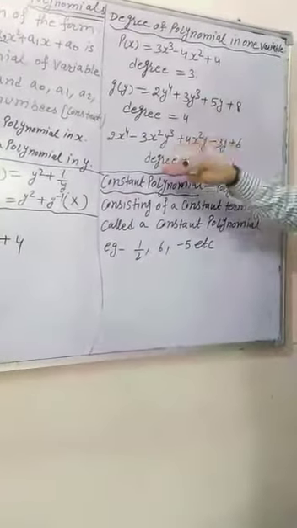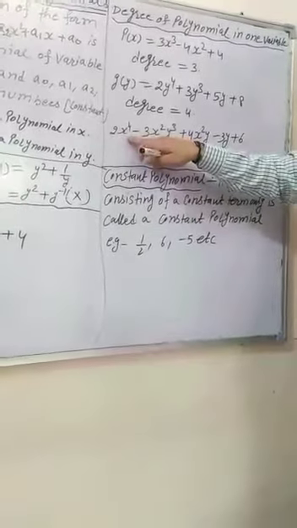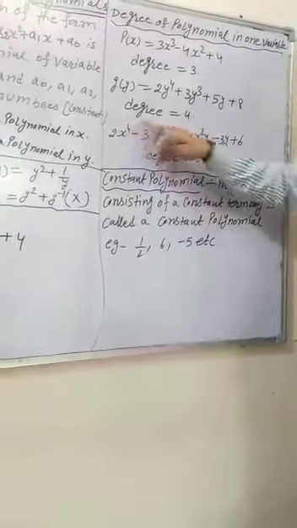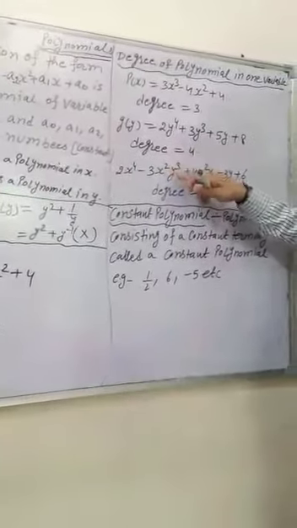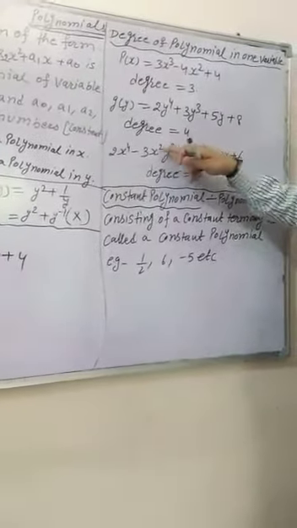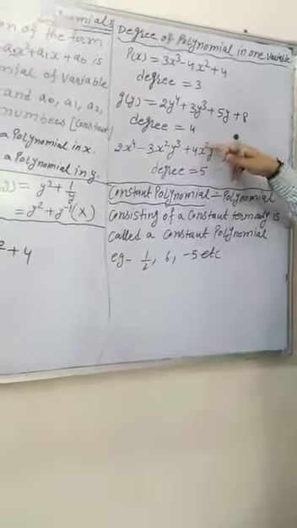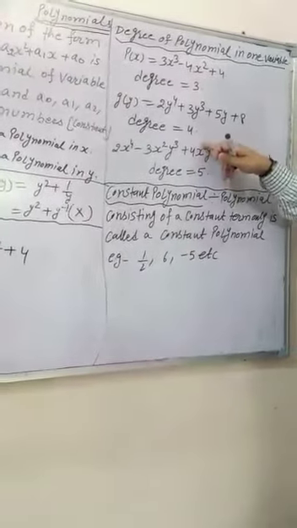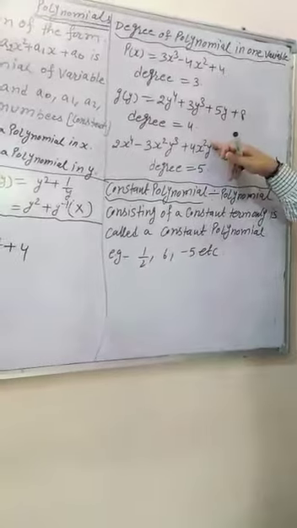Now if it is a polynomial in two variables, then how can we find the degree? This term has a variable with power 4. This is the term with x and y, x raised to power 2, y raised to power 3. If we add these two numbers, what is the sum? The degree sum is 5. In this term, 2 plus 1, because the power of x is 2 and y is raised to power 1, so the sum is 3.